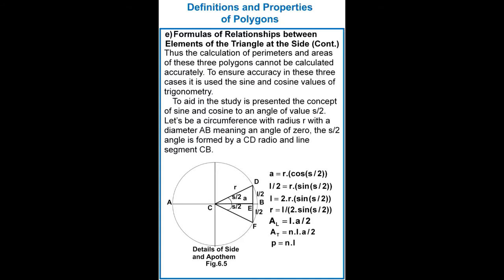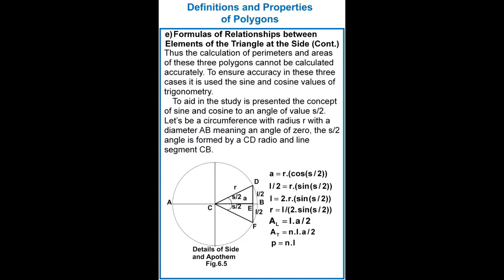This slide shows the calculation methods of the perimeter and the areas that will be used for the particular case of the three polygons mentioned in the previous slide that have 7, 9, and 11 sides, which cannot be accurately constructed. To ensure the accuracy of the calculations in this case, the sine and cosine values of trigonometry are used.